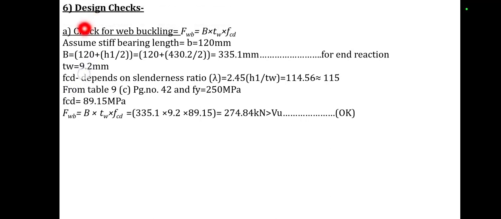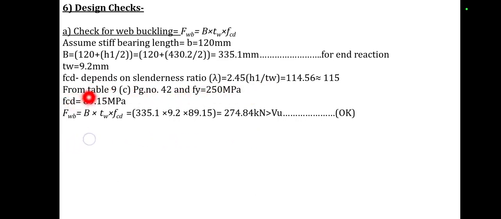Therefore capital B is equal to 120 plus h1 by 2, where h1 we have calculated in the classification of the cross section, which is equal to 335.1 mm for the end reaction, and TW is equal to 9.2 mm. FCD depends on the slenderness ratio lambda, which is equal to 2.45 into h1 upon TW, and the value is approximately 115.